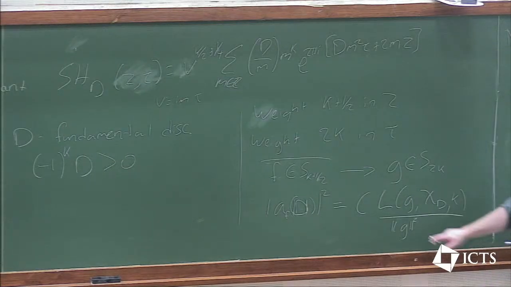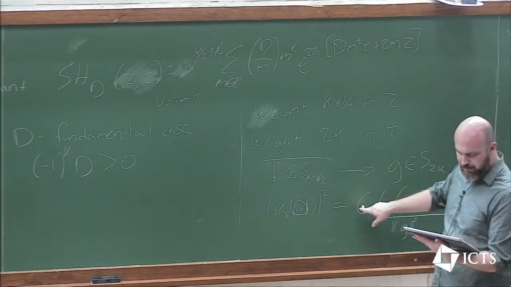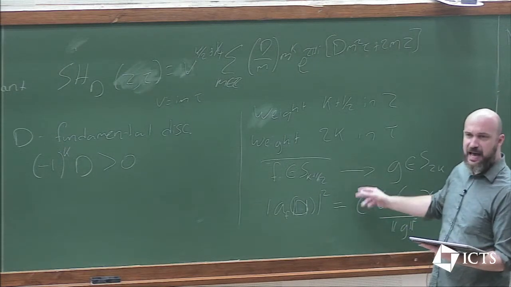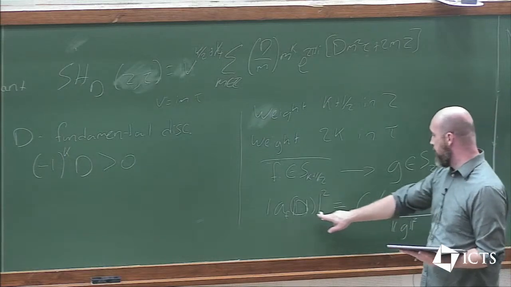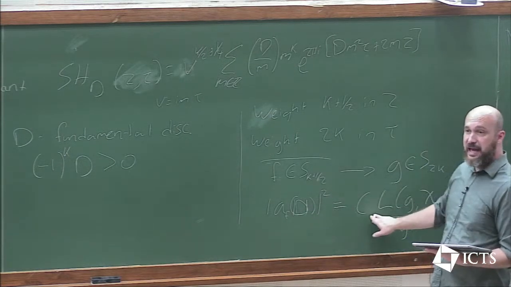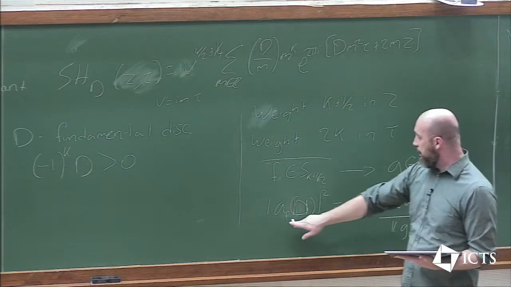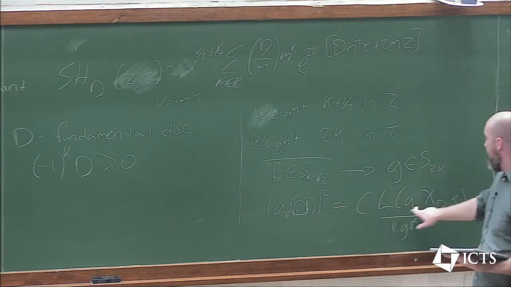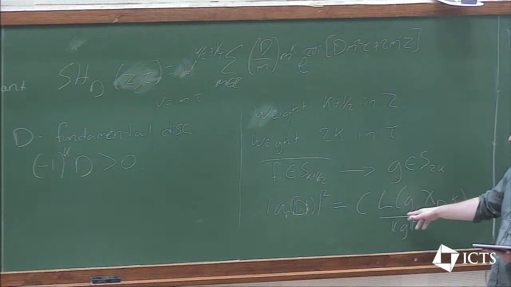Now this explicit constant maybe depends on some normalizations, but maybe it looks like a power of pi or a gamma factor. But the main thing is it doesn't change with our discriminant, and it's non-zero. And so this tells us these coefficients vanish if and only if the L value vanishes. And so this is a very strong, very useful theorem.